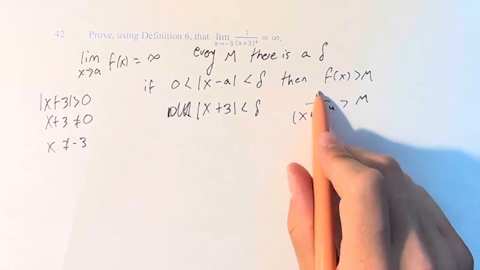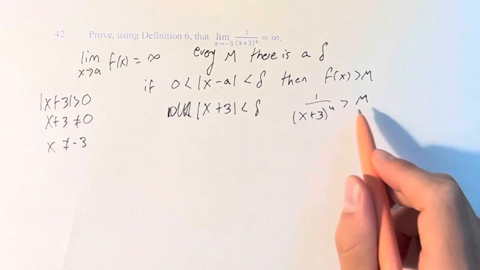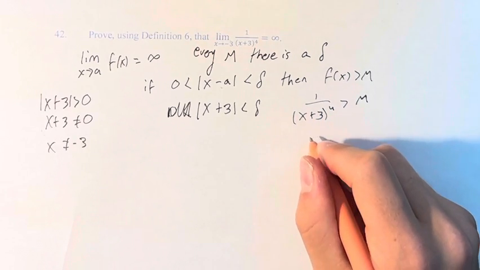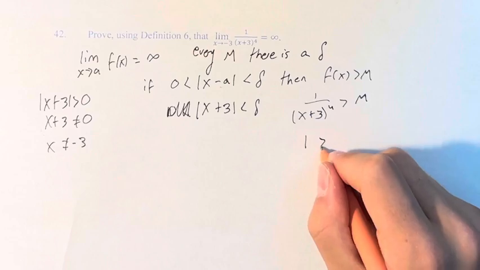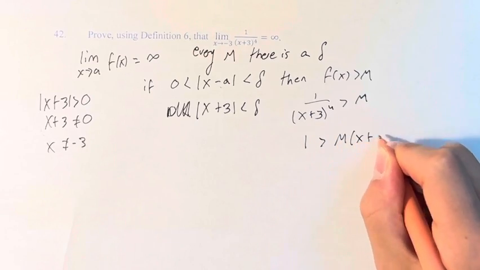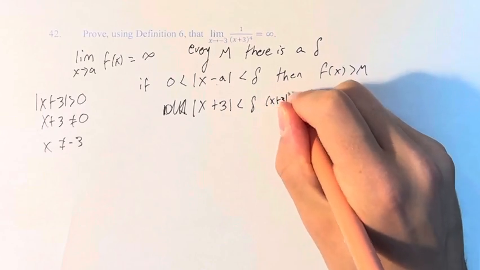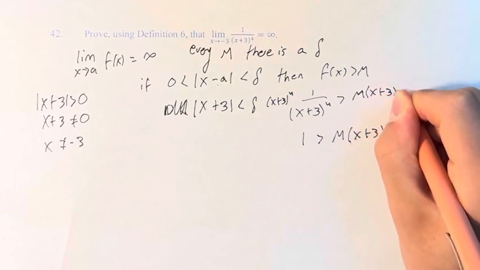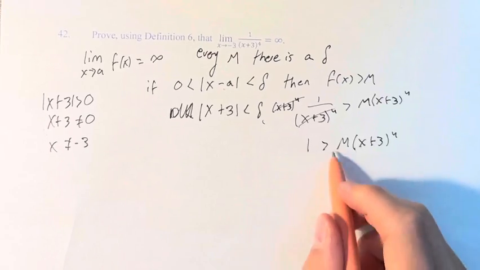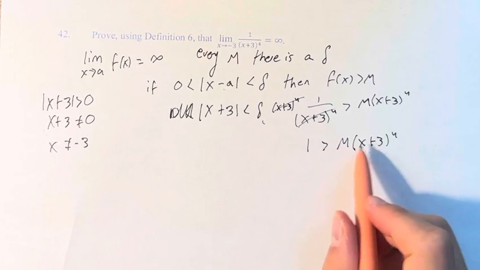Here we can say if 1 over (x plus 3) to the fourth is greater than M, we can say that 1 is greater than M times (x plus 3) to the fourth, multiplying both sides by (x plus 3) to the fourth. These cancel, and we're just left with 1 is greater than M times (x plus 3) to the fourth.